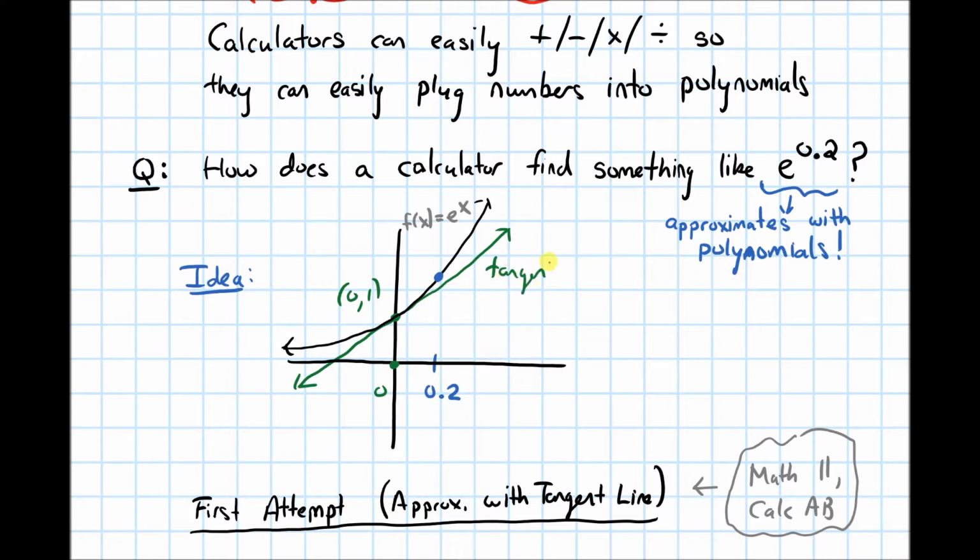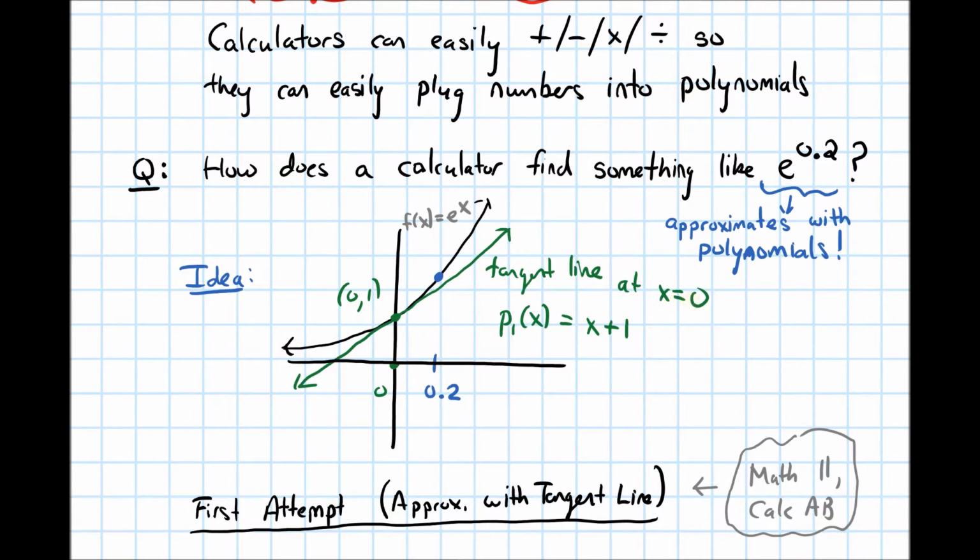So that is a tangent line at x equals 0. And the equation of this tangent line, I'm actually going to call it P1 of x. And I'll talk about why later. So P1 of x, and the formula for this tangent line, if I were to work it out, is x plus 1. That is the equation for that tangent line.